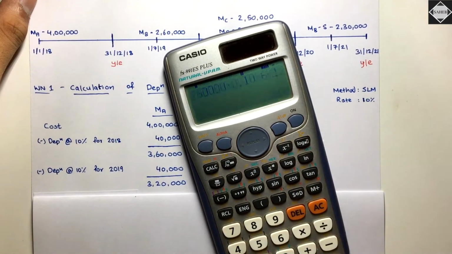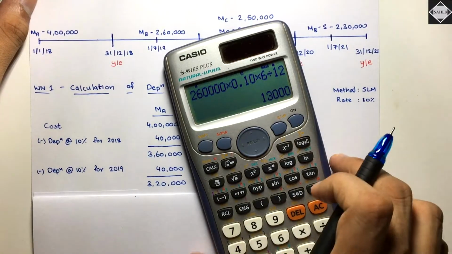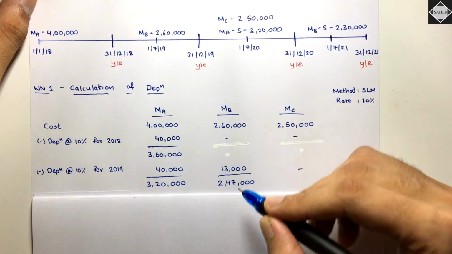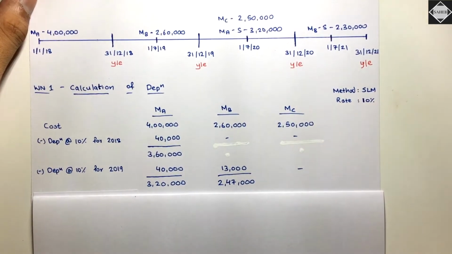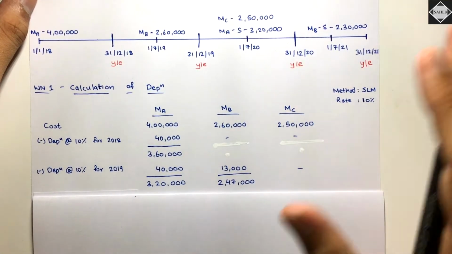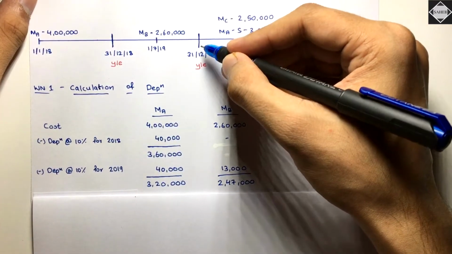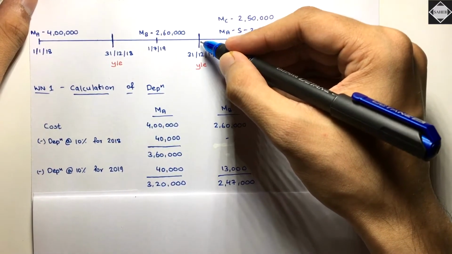You have to proportionate. That's equal to 13,000 depreciation. So 2,60,000 minus 13,000 is equal to 2,47,000. Clear? Easy. For machine C, no depreciation because you don't have machine C on 31st December 2019. Now let's go forward.